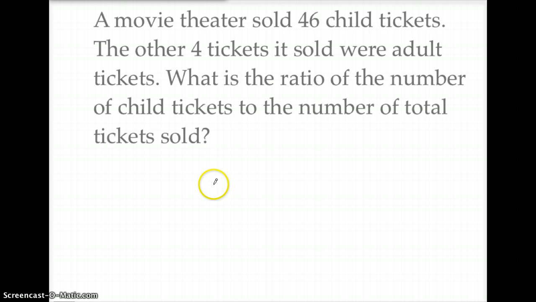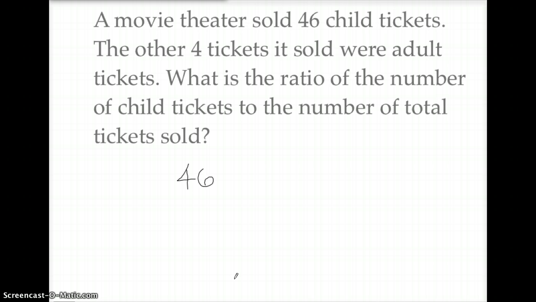A movie theater sold 46 child tickets. The other 4 tickets it sold were adult tickets. What is the ratio of the number of child tickets to the number of total tickets sold? So we have to think about this a little. There's a couple steps to this problem. If there are 46 child tickets, well, that's our first number.